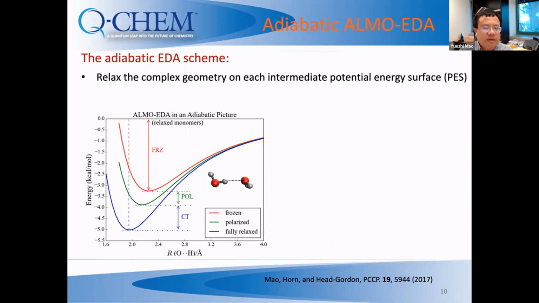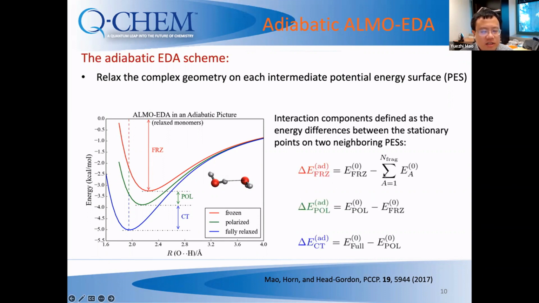So the EDA method we just talked about is referred to as a vertical EDA, because it's just performed at a single structure. Usually it's an optimized structure of the intermolecular complex, but you can do it differently, and relax the complex geometry on each of the intermediate states, like each of the frozen, polarized, and the fully relaxed potential energy surfaces.